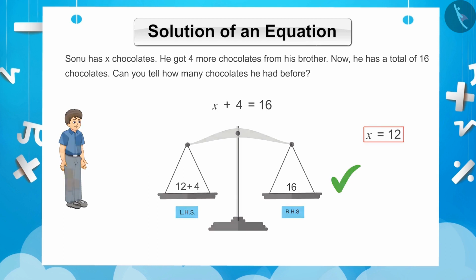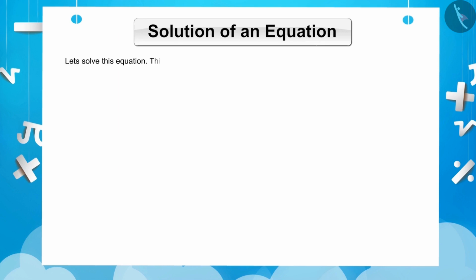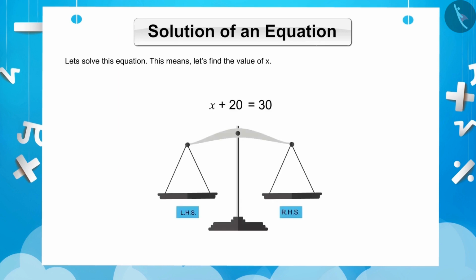Now let's solve this equation. That is, let us find the value of x. In order to do this, first we will separate the variable from the remaining terms. In LHS, we have x plus 20, and in RHS we have 30. What should we do now? We should subtract 20 from LHS so that only x remains in LHS.